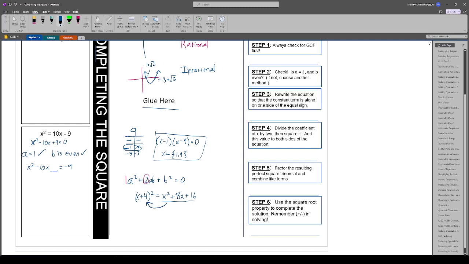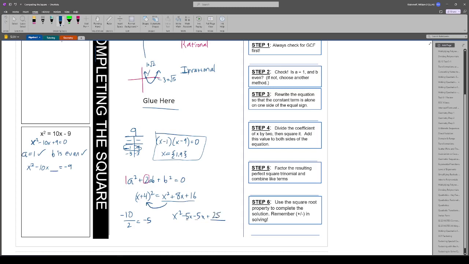In this case, to find this missing number, what I can do is I take negative 10 from the middle here, divide it by 2, and I get negative 5. So that means in my perfect square trinomial, I have x squared minus 5x plus this missing number. And that missing number has to be 5 squared, or negative 5 squared.